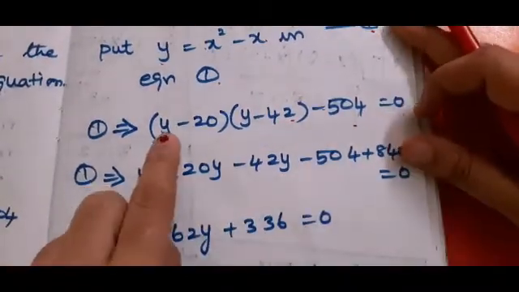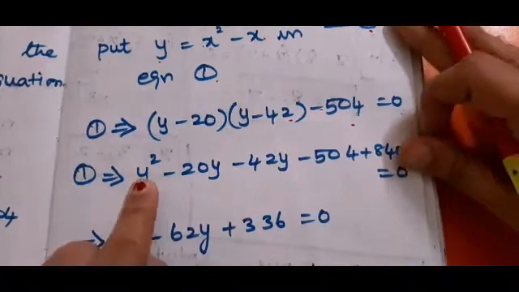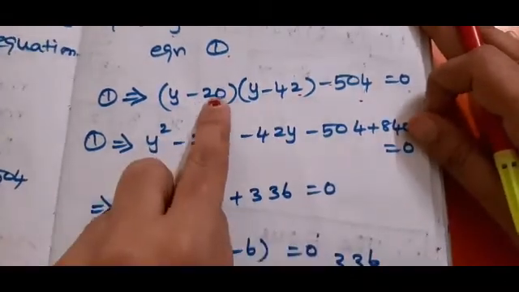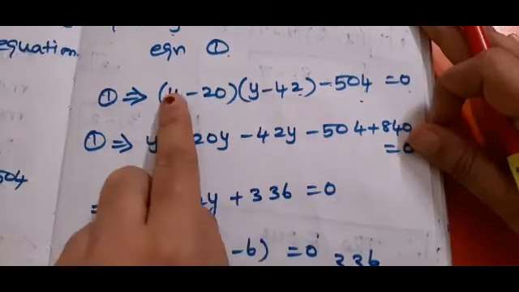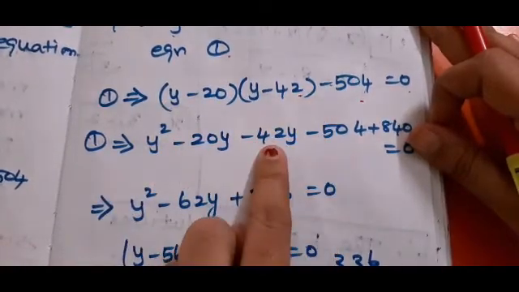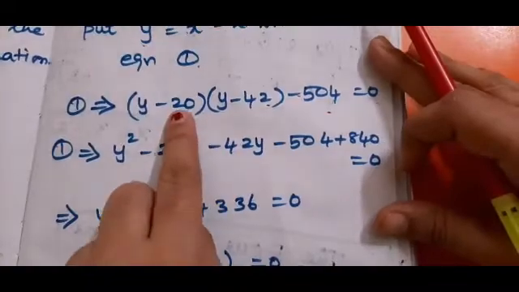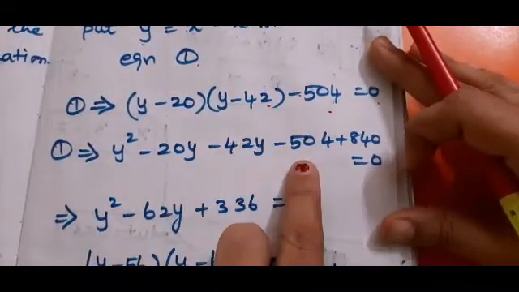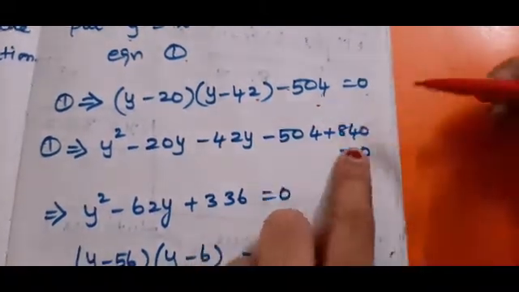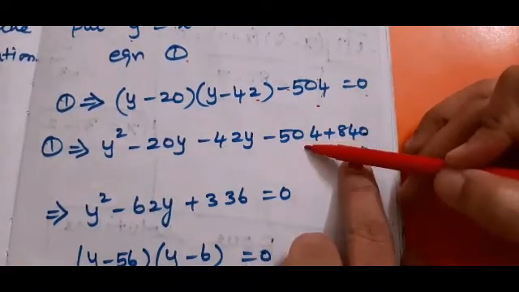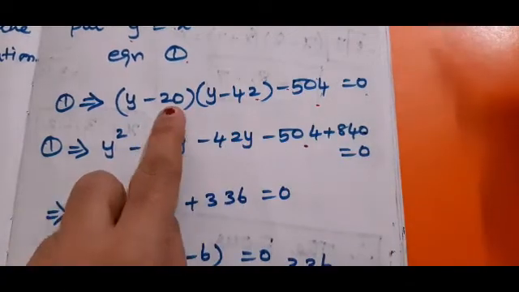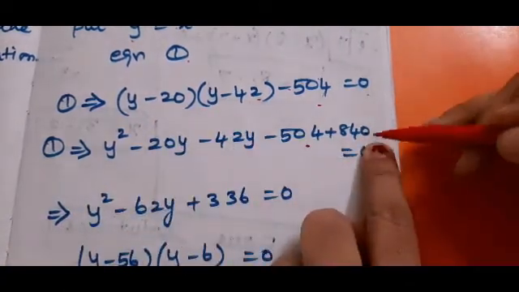So if you multiply this, y into y is y², minus 20 into y is −20y, y into −42 is −42y, and −20 times −42 is plus 840. This −504 I am writing as it is, that will be equal to 0. If you multiply 20 with 42, you will get 840.